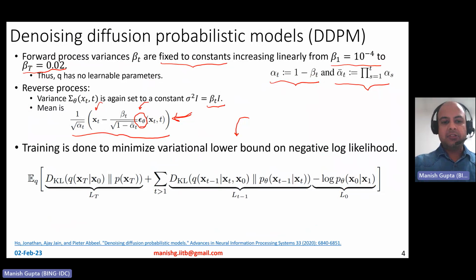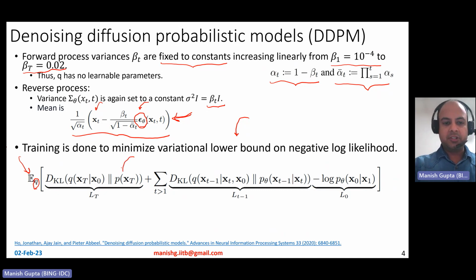And that is what is going on in this lower bound estimate of the negative log likelihood. For a given data point sampled from the actual training data Q, what do you want to ensure? You want to ensure that at every time point, at every transition point from 1 to capital T, the images are aligned as much as possible.